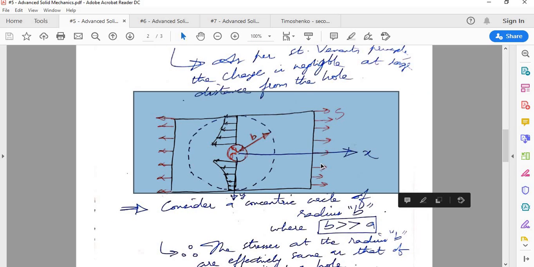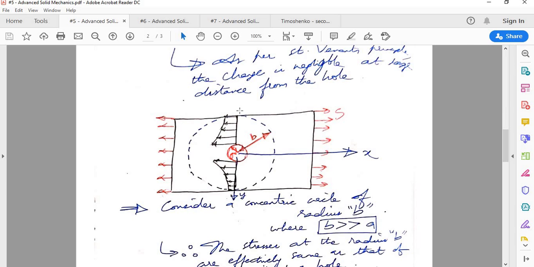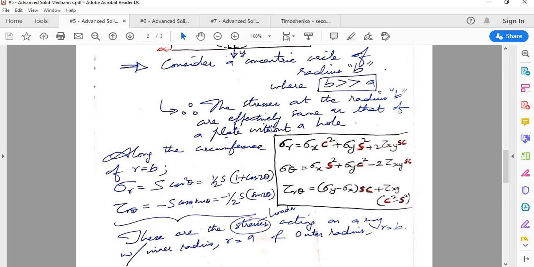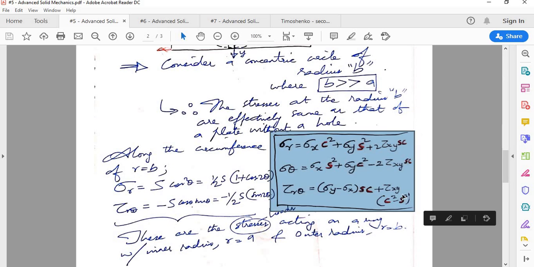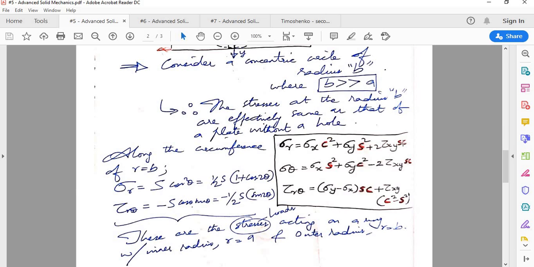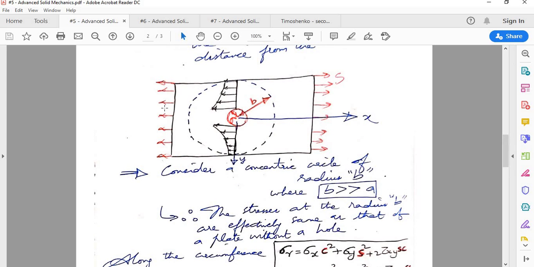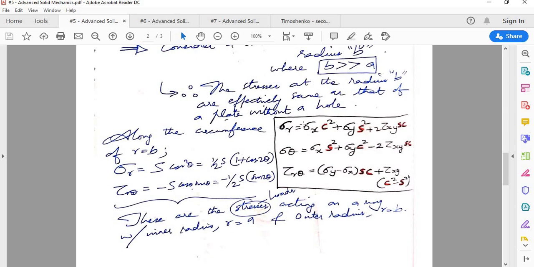What if there is no stress along x direction and there is stress along y direction? How will the derivation change? So these are the equations that we use to convert between polar and Cartesian coordinates, right? Here, if you don't have stresses along x direction, and you have stresses only along y direction, basically sigma x will be 0, and you will have sigma y equal to the applied stress.